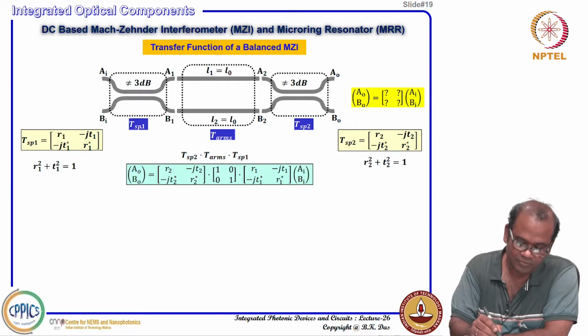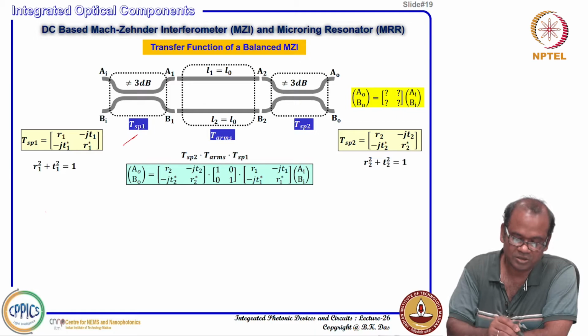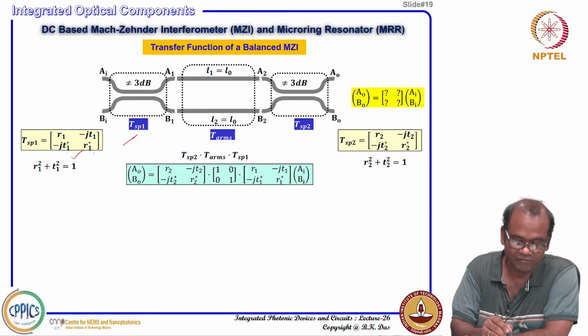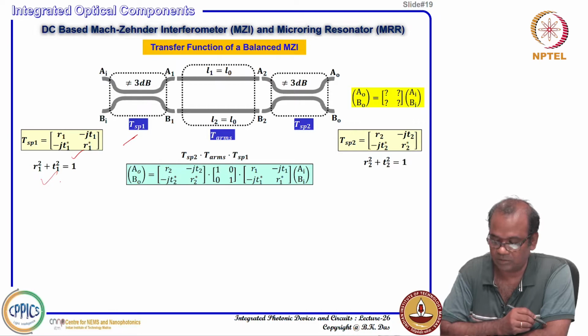As usual, if it is not a 3 dB power splitter, we consider the first directional coupler, splitter 1, and that can be defined by R1 and T1. In the matrix, through coupling is R1 and cross coupling is T1. So, we can define the transfer matrix like this, such that it is lossless: R1 square plus T1 square equal to 1.